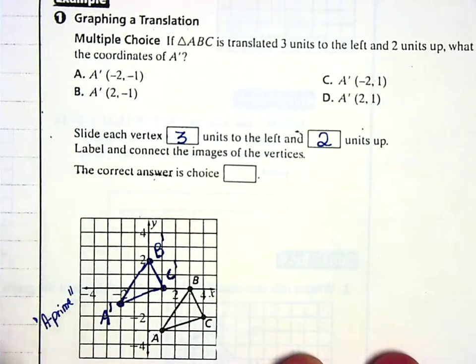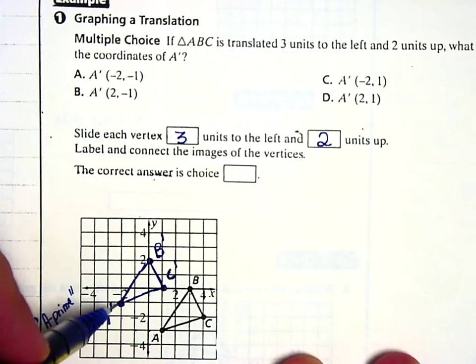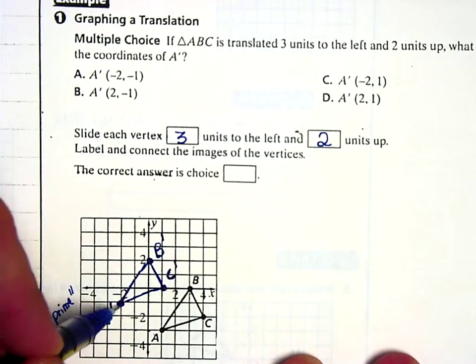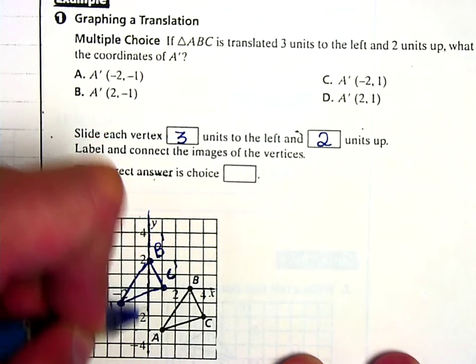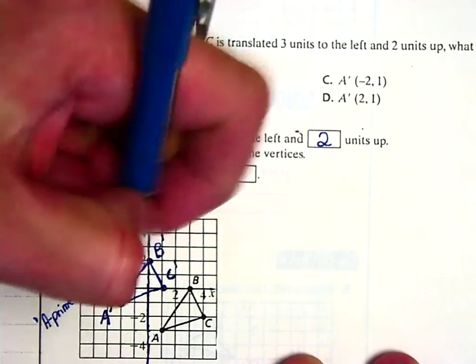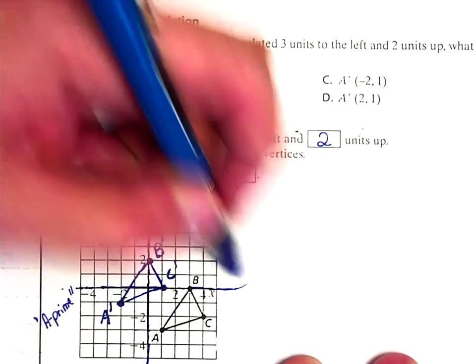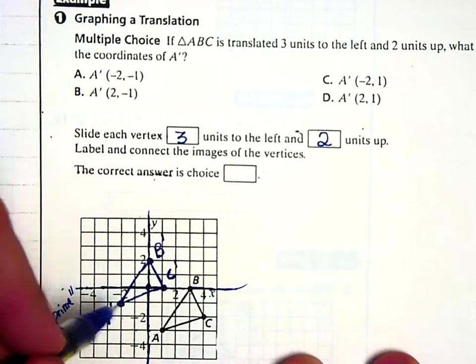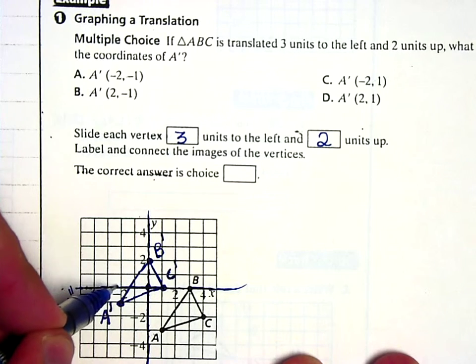Now the question asked above is, what are the coordinates of A prime? So where is the new point A? Well, A prime is right here. Now our coordinate plane is a little fuzzy. So our y-axis is right there, and then I'm going to kind of darken in our x-axis just to make it a little easier to read my points. Here's the origin. So I want to get to point A. I know I move sideways first, so I'm going to go 1, 2 steps to the left.